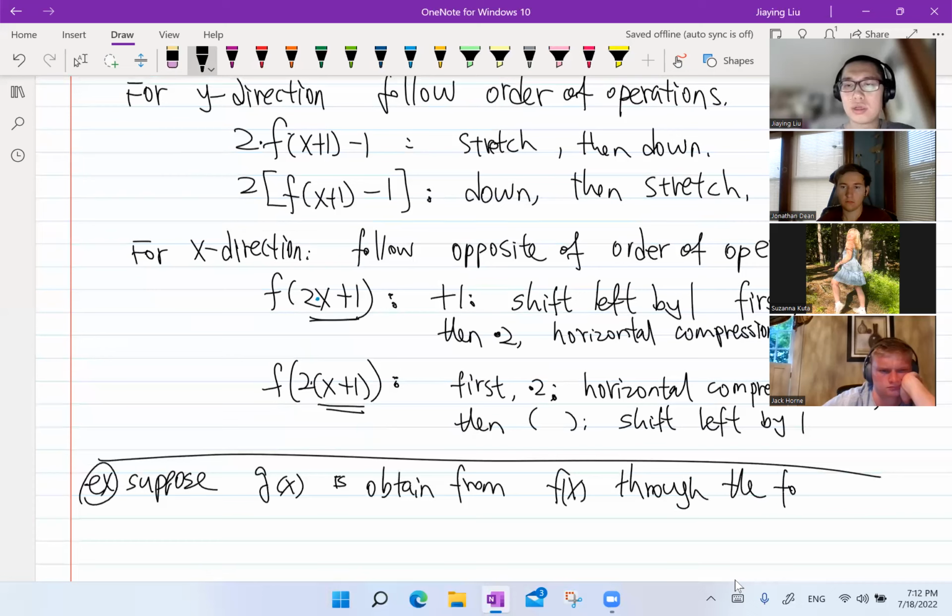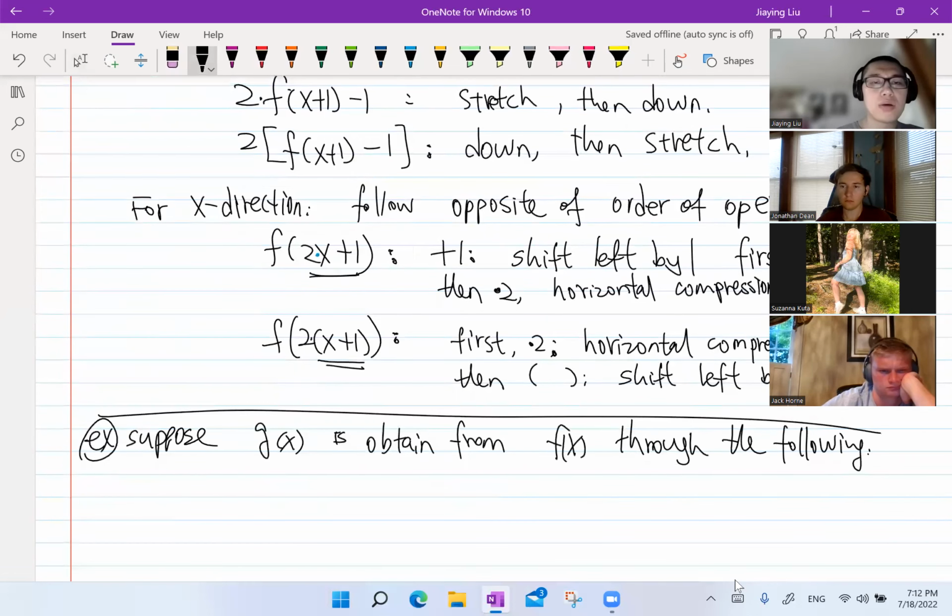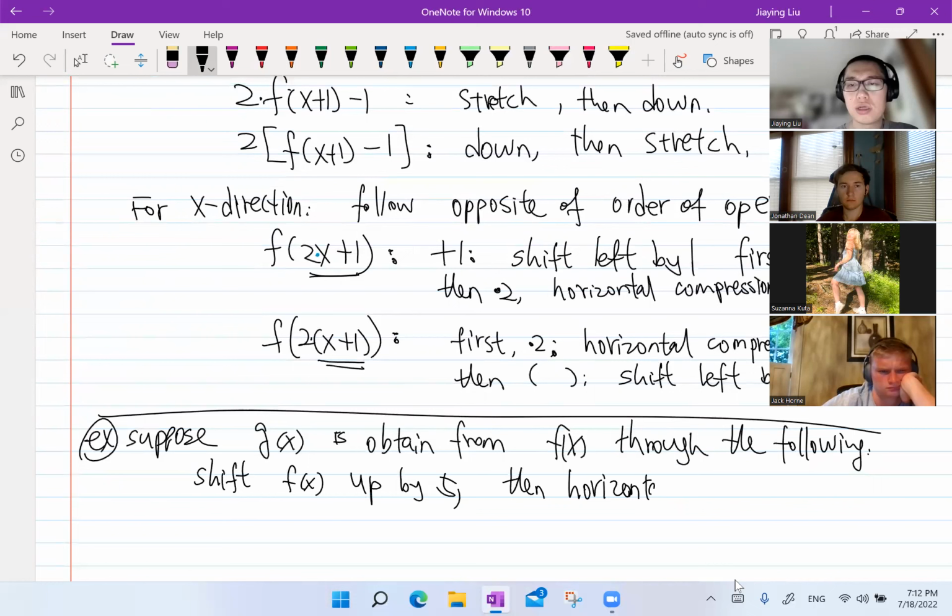The transformation says we're going to shift f of x up by 5 units, then horizontally stretch by a factor of 2.